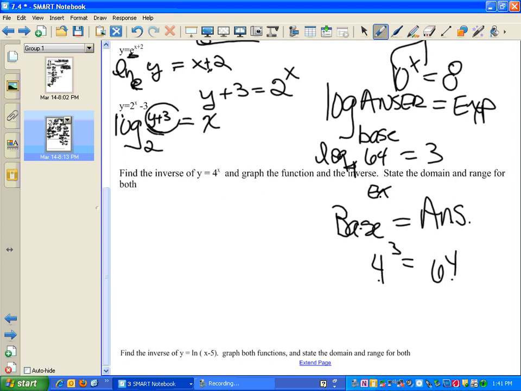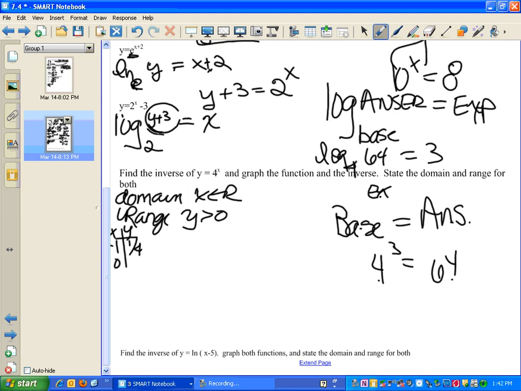Okay. y equals 4 to the x. We just learned how to graph these, didn't we? What's the domain? Domain, x is an element of the reals. What is your range? y is greater than 0. Okay? So we do our little XY chart. If x is -1, we get 1/4.